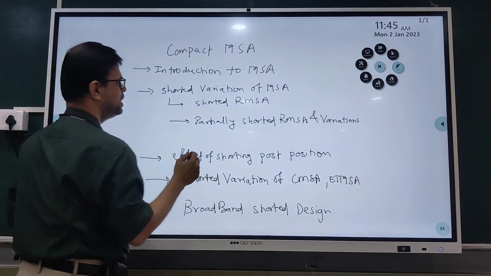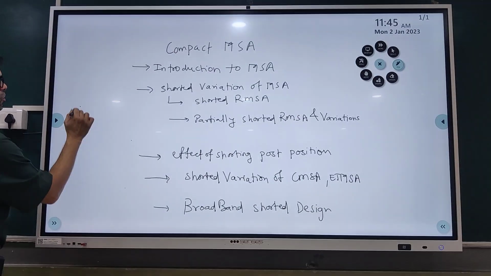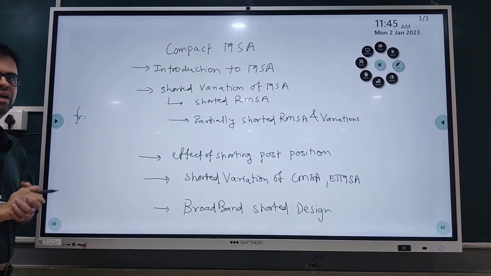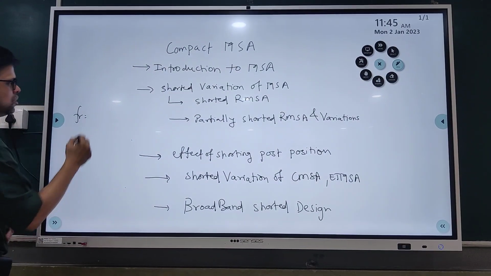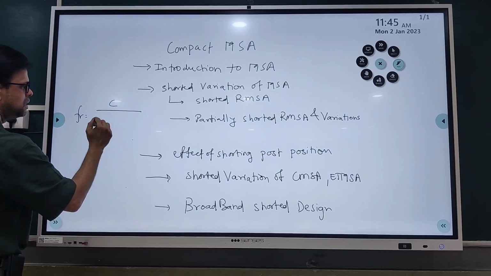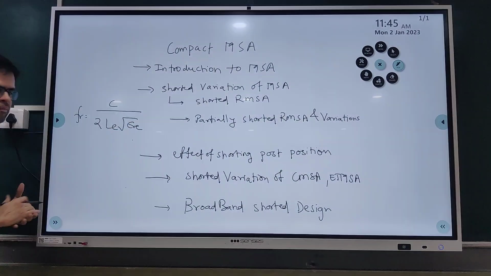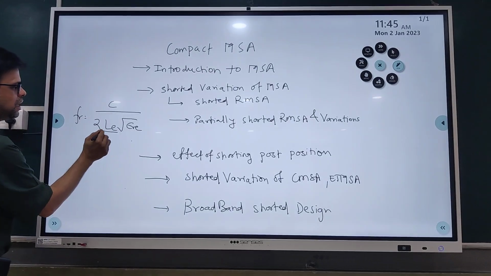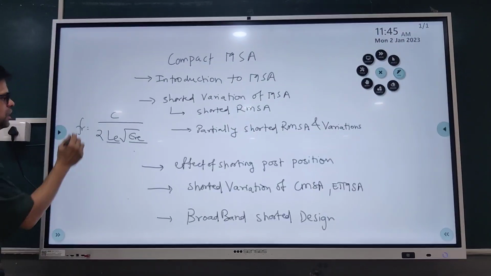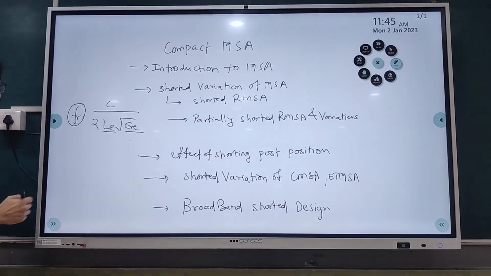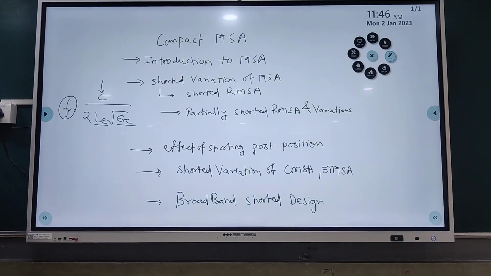I'll write down the resonance frequency equation of the microstrip antenna, say working in the fundamental TM10 mode. So what is the equation? It is c upon 2 Le under root epsilon re. So this is your resonant length, this is the substrate which you are using, and this is your design frequency. Of course, this is your velocity of light.